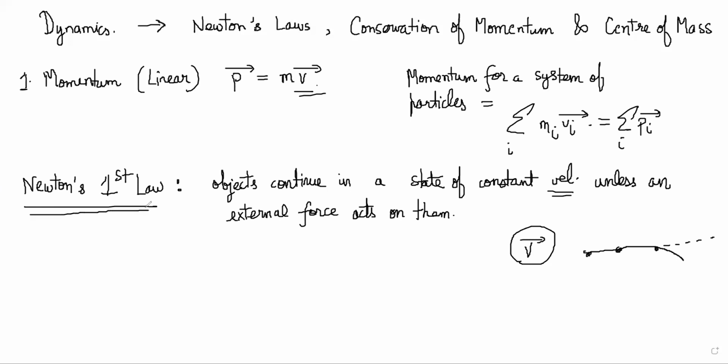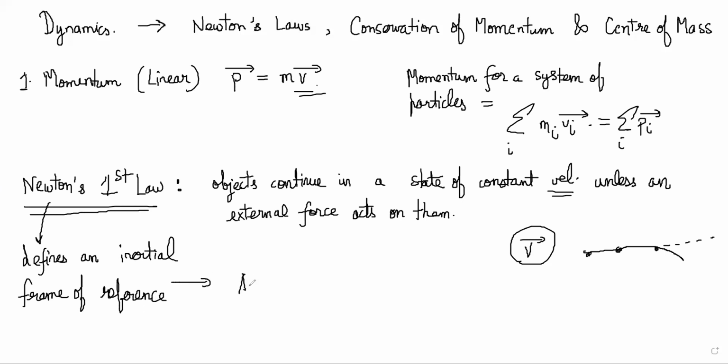A deeper significance of this law is that it defines an inertial frame of reference. So what does an inertial frame of reference mean? Basically, we can say that any reference frame where Newton's first law is valid is an inertial reference frame.